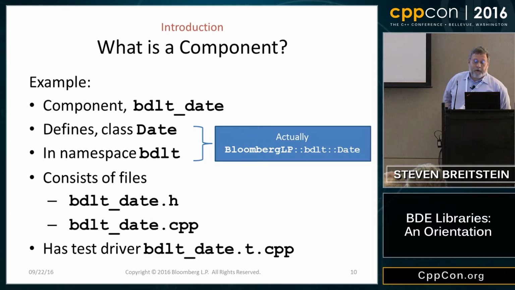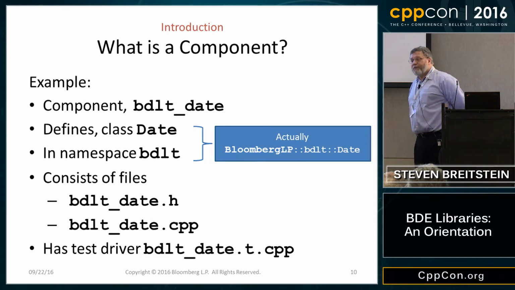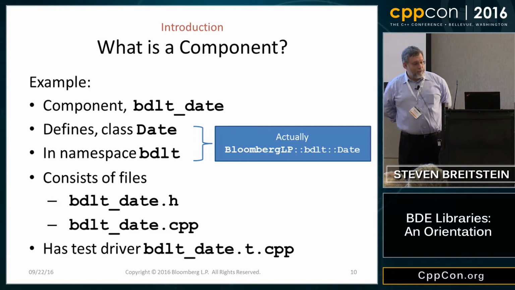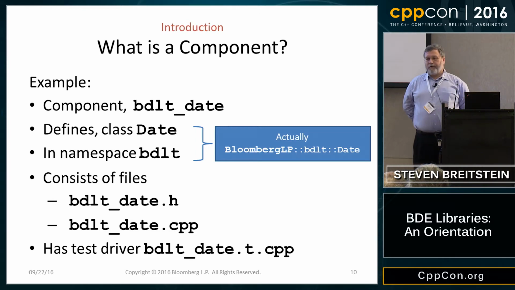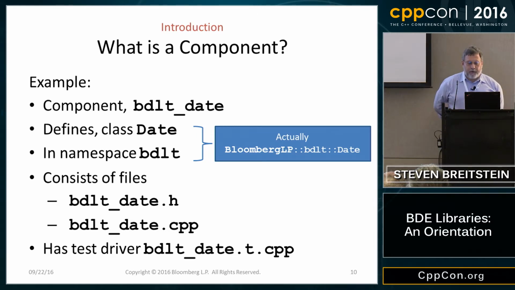Okay, the component consists of two files, an implementation file, the .cpp, and a header file, in which the interfaces and inline implementations are defined. Okay, there are always two. We have no standalone .h files. It's just simpler that way. And as I said earlier, there is a test driver for this and for every component.